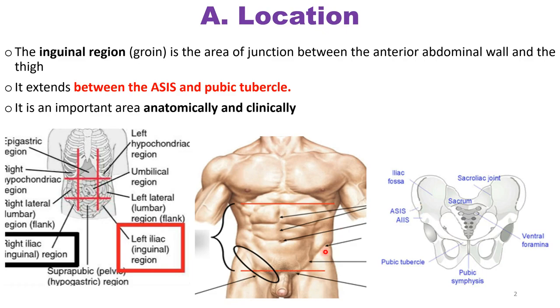Our region is also situated between these two bony landmarks, all the way from the ASIS down to the pubic tubercle. And I was saying that the ASIS, in some people, can be appreciated by a dimple.